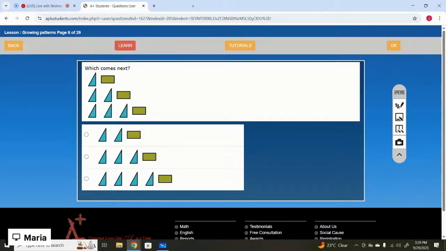Then three triangles and a rectangle. Option number 4 is the correct option. We have four triangles and a rectangle. Option number 3 is the correct option.